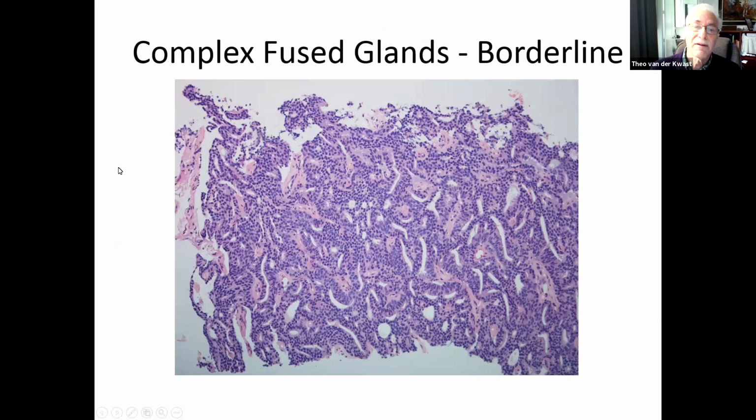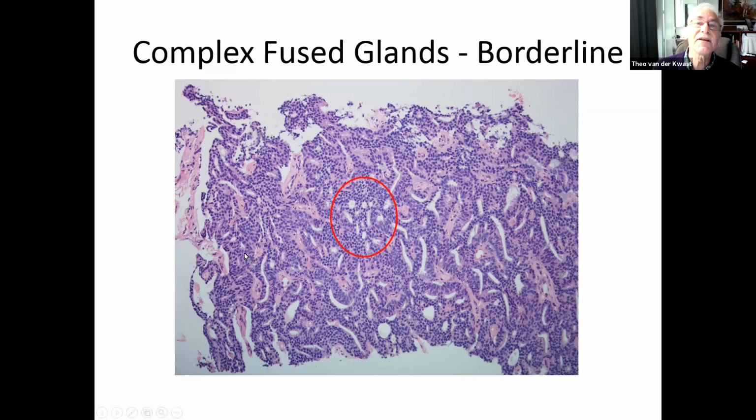What about this one? This is a bit more complicated situation. This image is not from the educational slide set. This is a picture I just took recently. Here we see sheets of epithelial cells, but we see clearly intervening stroma and capillaries. But there are areas, if you look very carefully, where a larger area within this kind of complex glandular structure has a cribriform pattern.